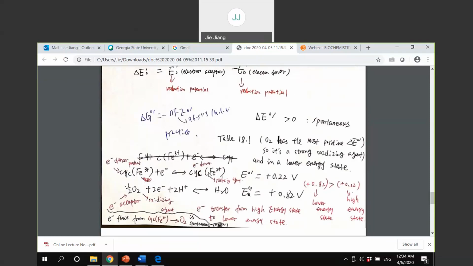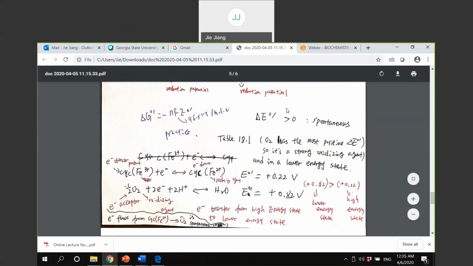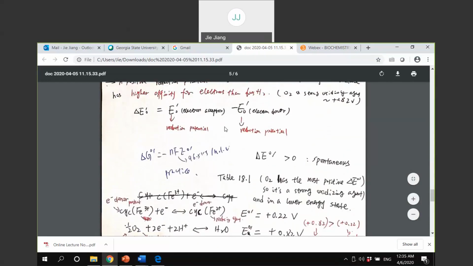Actually, the electron number is still not balanced, but the atom numbers are balanced. In order to balance the electron numbers, you should multiply by 2 for the ferric and by 2 for the ferrous. But when we apply the cell potential equation, you don't need to worry about the number of electrons.